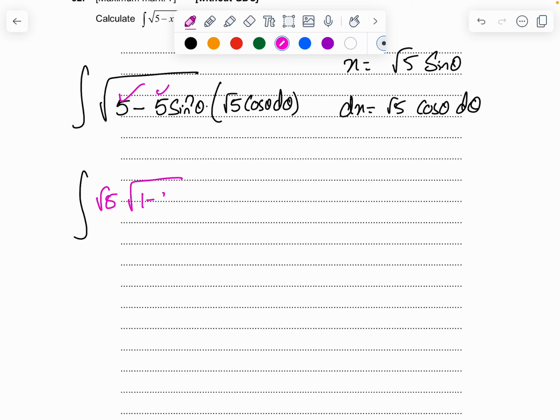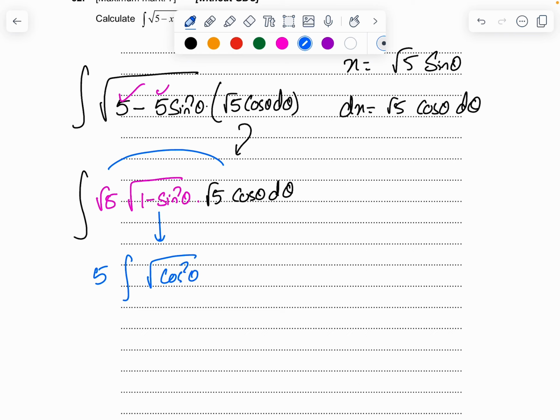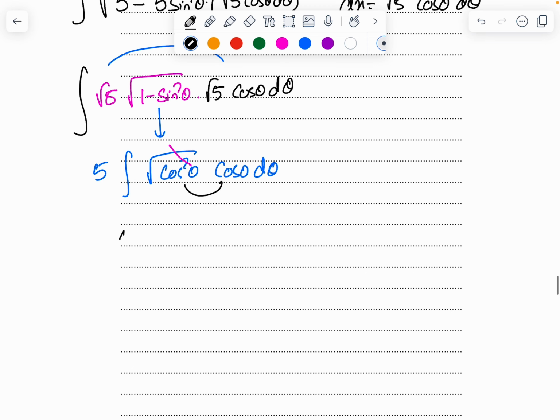I'm left over with 1 minus sine square theta times this root 5 cos theta d theta. So 5 times root 5 is 5. Square root of 1 minus sine square theta is square root of cos square theta. Square and square root gets cancelled. Cos theta times cos theta is nothing but what? Cos square theta. 5 integral of cos square theta d theta.